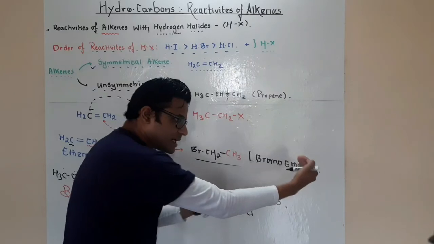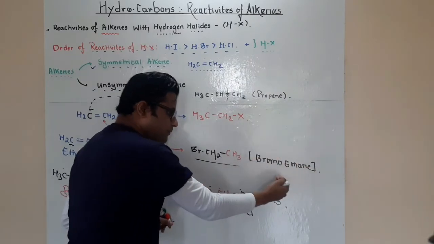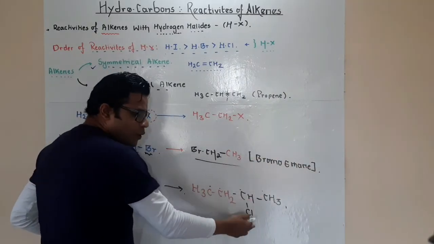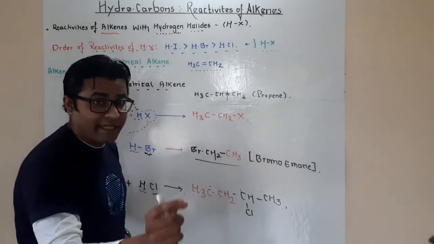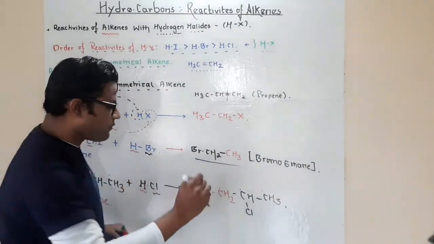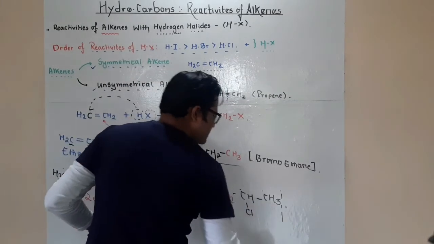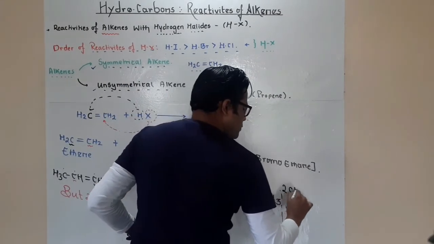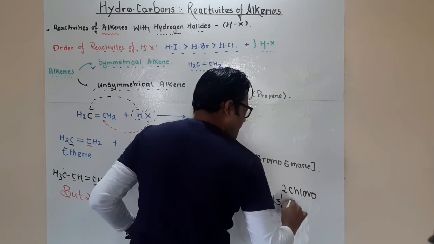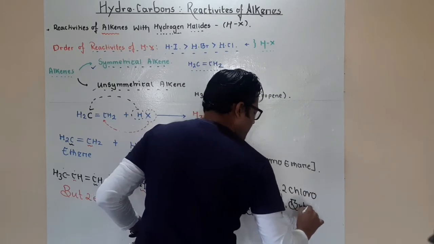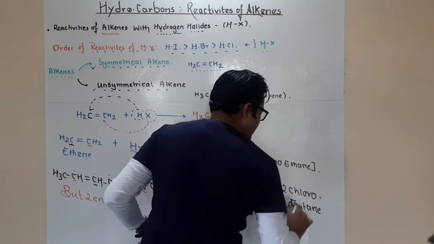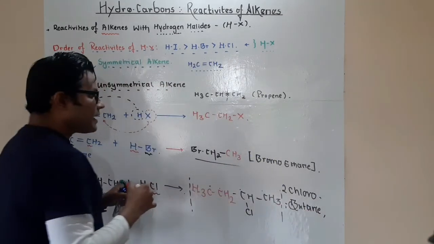Numbering starts from 1, 2, with a single bond now. So it becomes 2-chlorobutane. This is how it happens.